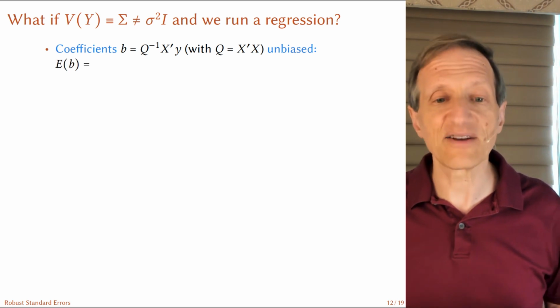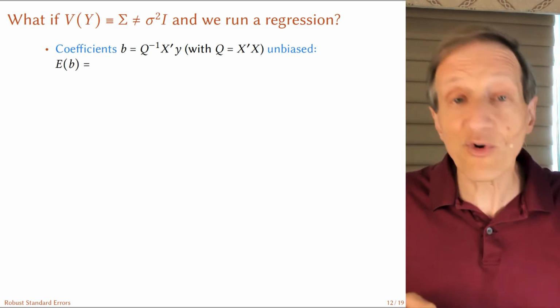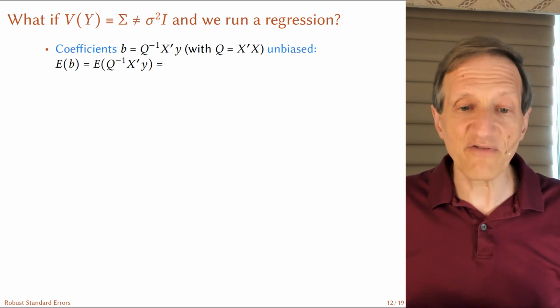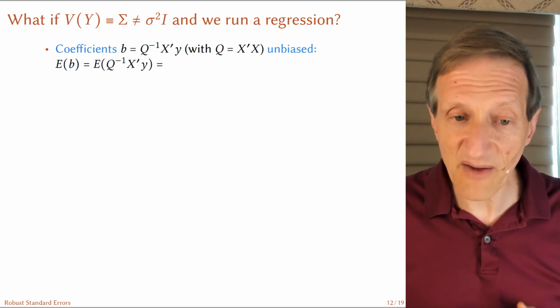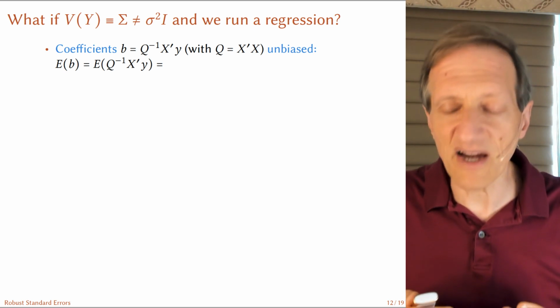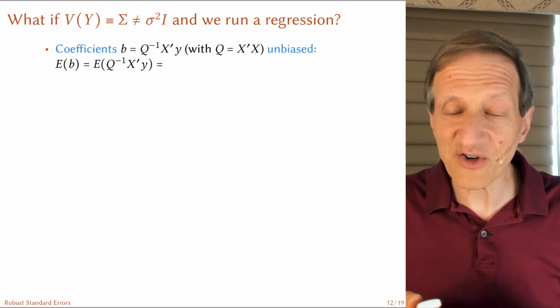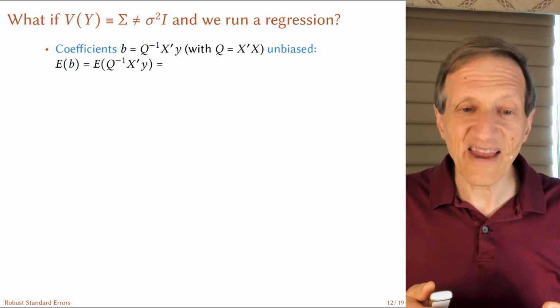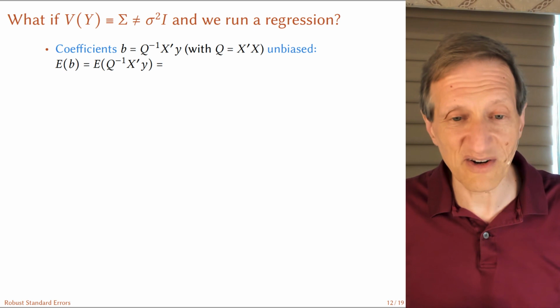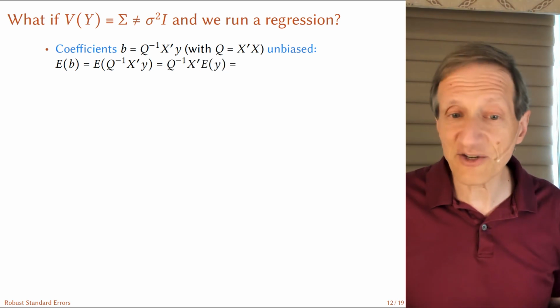And it's unbiased. How do we know it's unbiased? We can prove it's unbiased. The expected value of B is the expected value of the formula for B. And now by the expected value of linear functions, when we have a constant term, and X is constant in the linear regression expression, they come out of the expectation.